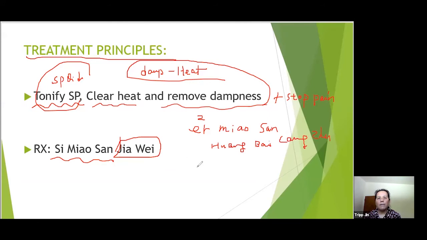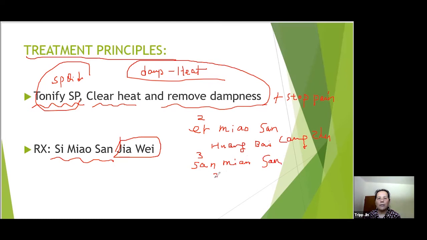Then we also have 三妙散, with three ingredients inside. That's the formula name, only two or three ingredients.